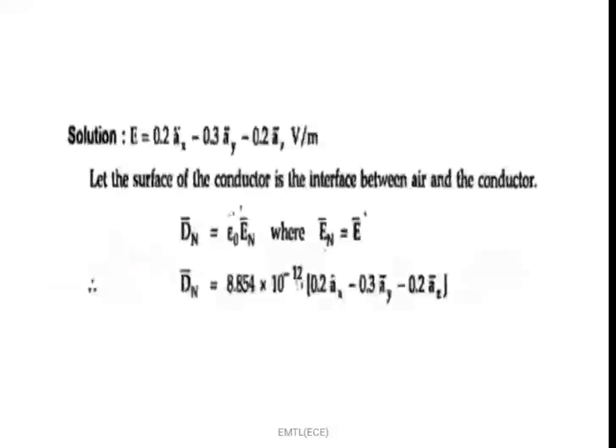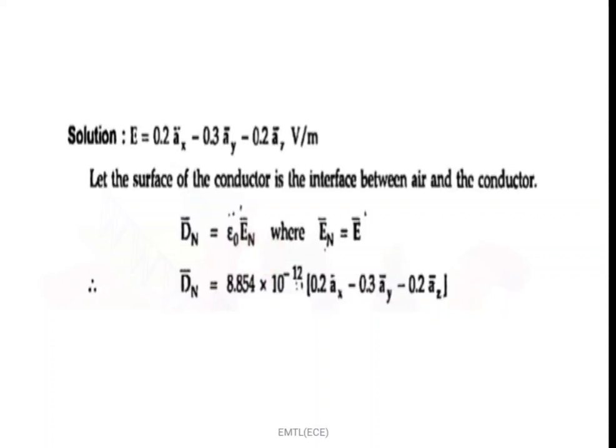So here the E bar value is given by E is equal to 0.2 ax bar minus 0.3 ay bar minus 0.2 az bar volt per meter. At the interface between air and the conductor, D normal is equal to epsilon naught E normal.